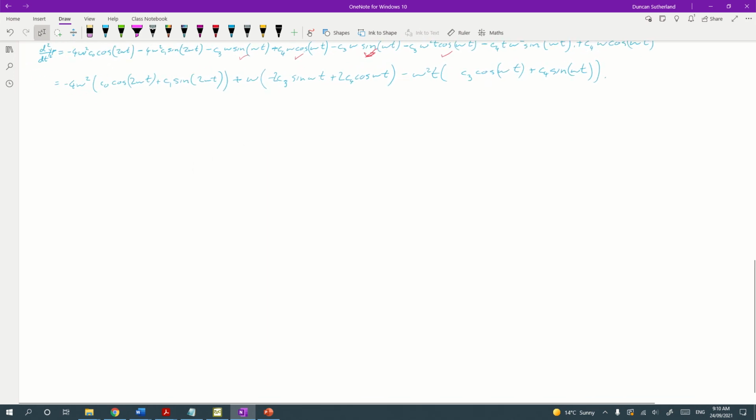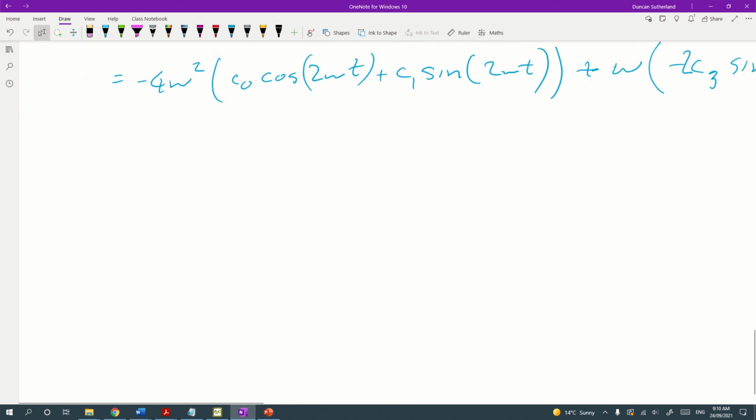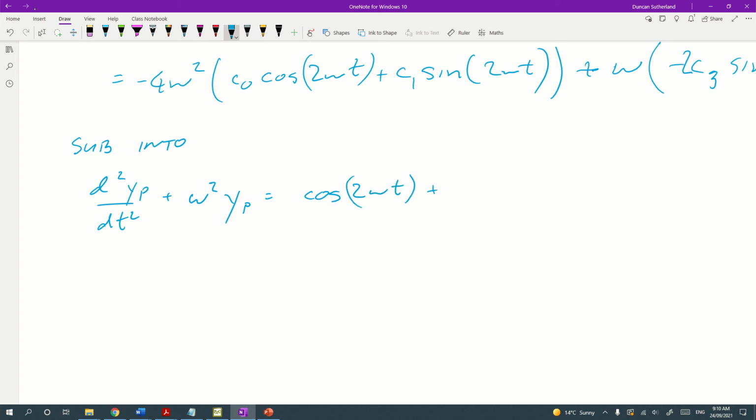So now what we have to do is substitute this into yp into d squared y/dt squared plus omega squared yp equals cosine 2 omega t plus sine omega t, like so.